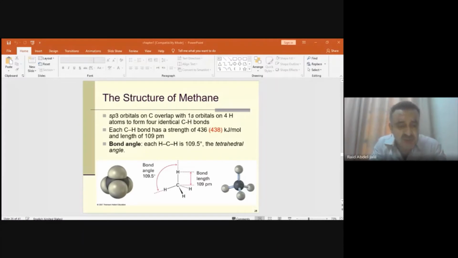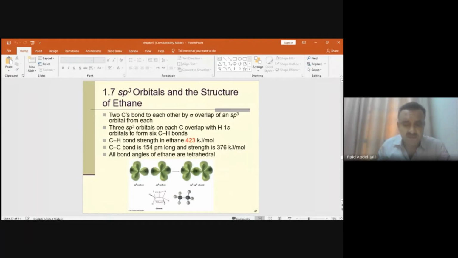If it has used 1 s and 1 p, that means it will be sp. In other words, hybridization is only 3 types, either sp, sp2, or sp3. That's the generalized 3 types that atoms can make in hybridization. So these are simply the summary of the methane gas.